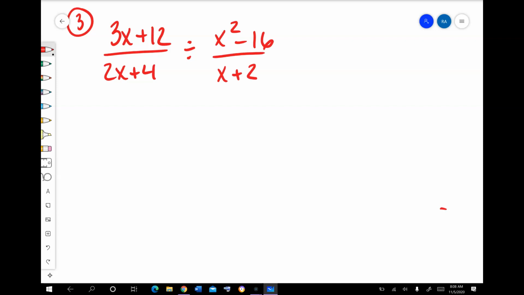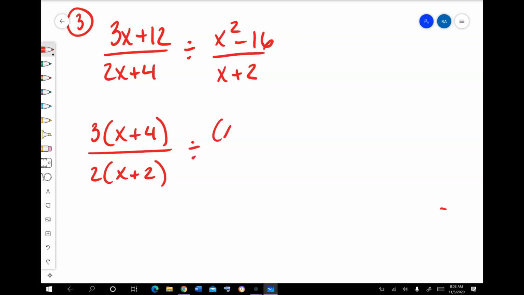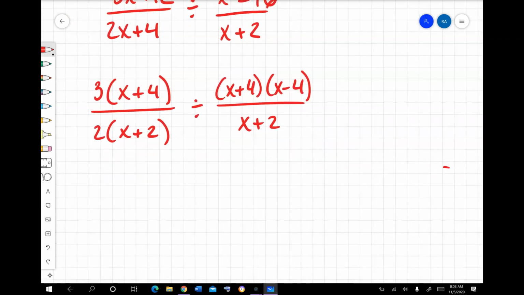You've got to factor. 3 and 12 have a 3 in common, so I'm going to pull that 3 out. 2 and 4 have a 2 in common, so I'm going to pull that 2 out. x² − 16, perfect square alert. And then x + 2. Then we do our keep, change, flip.